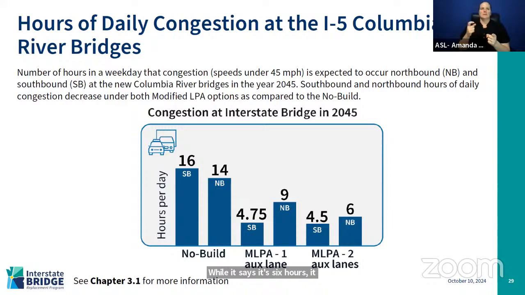When I used to commute from Brush Prairie to Hillsboro, I commuted both ways at all hours and times. My experience, and I realize this is a 2045 projection, is that currently the southbound is much tighter. If I go there at 5 o'clock in the morning, there's pretty much no congestion.